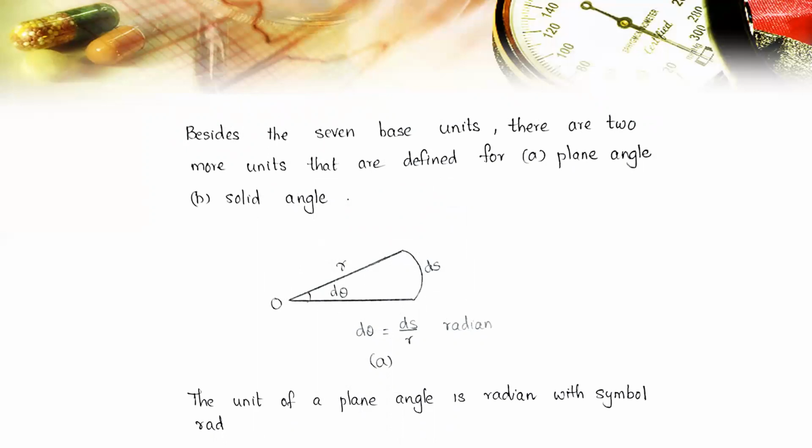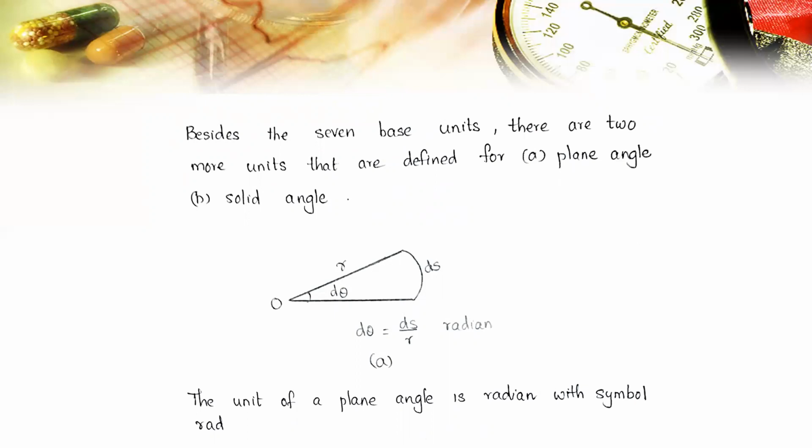In addition to those seven units, we have two more units. Number one, plane angle. Number two, solid angle. For the plane angle, as you can see here, two lines are joined at O, and the angle between them is d theta.